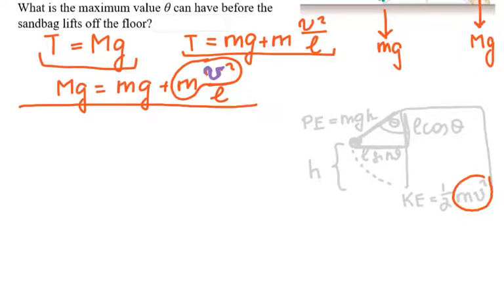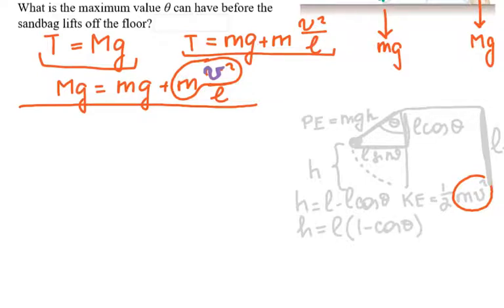And the whole height right here is L. So h is equal to L minus L cosine theta, or h is equal to L times 1 minus cosine theta.